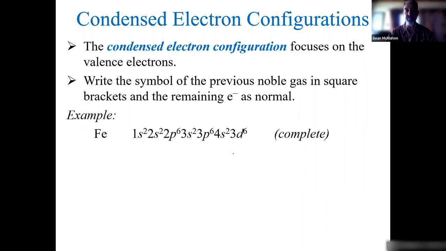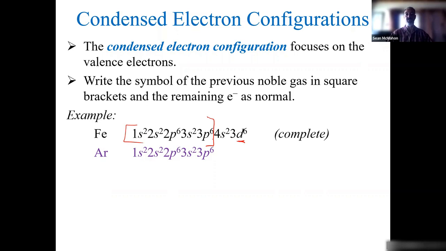So here's an example. You can grab a periodic table, take a look, but iron is in the 4th period, but it's in the D block, which is always one behind, and in the D block, it's in the 6th position, okay? Argon is a noble gas for the 3rd energy level, and it's up to 3p6 filled, and it's happy.